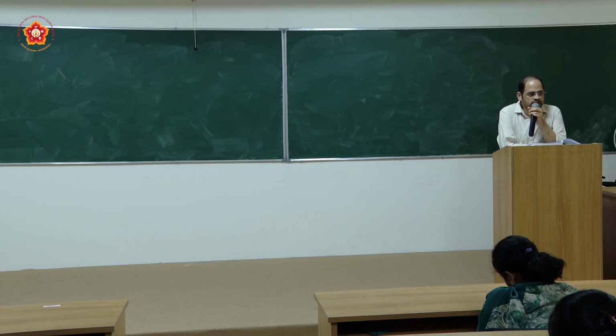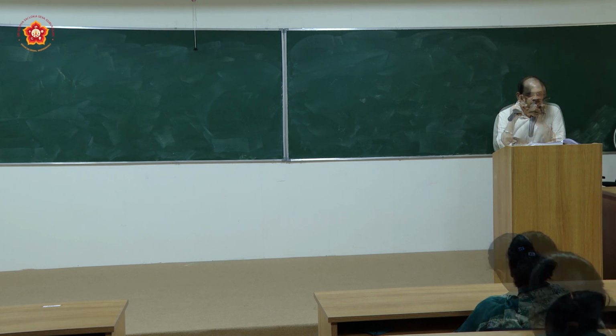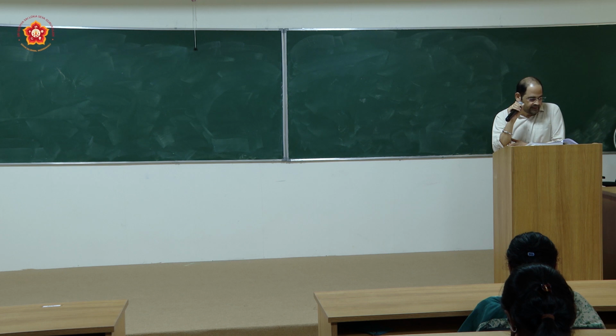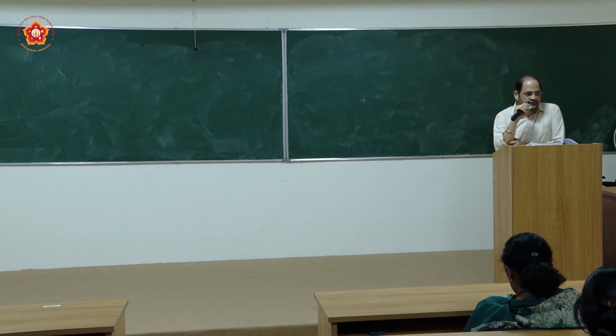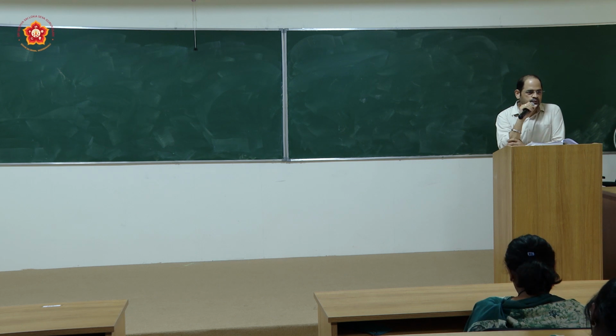Yesterday's last topic. We were having 2 layers of liquid. Apparent depth. Last topic of yesterday's lecture. There was a liquid whose depth was D1, another liquid whose depth was D2.